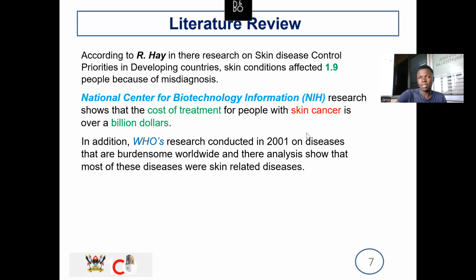Then research carried out by the NIH, the National Center for Biotechnology Information, found that the cost of treatment for people with skin cancer alone is over $1 billion US dollars. In addition, the World Health Organization conducted research in 2001 and found that most of the diseases that were burdensome on a global scale were skin related.